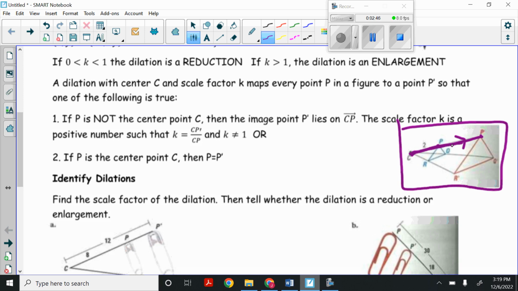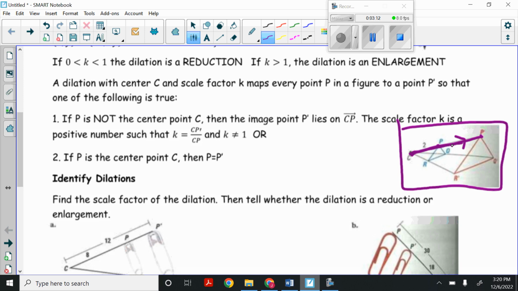So again, it's the image over the pre-image, and k cannot equal 1. Or, if P is the center point C, then P is equal to P prime. Just like our lines of reflection, if the point is on the line of reflection, then the pre-image and the image are the same thing. So here, if P is the center point, then P and P prime are going to be the same.